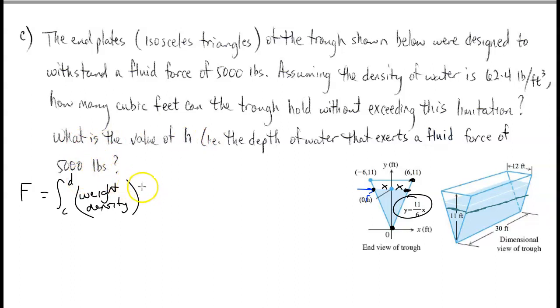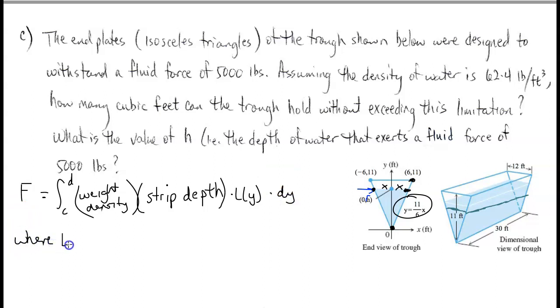Okay. All right. So we have the weight density here times what we're going to call the strip depth. And that's going to be just the small strip of area that we're going to consider, or slice of area that we're going to consider. And then this is going to be times L sub y times dy, okay?